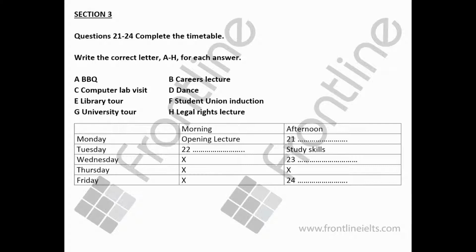You will hear two students, Sam and Liz, discussing their university orientation programme. First, you have some time to look at questions 21 to 24. Now listen carefully and answer questions 21 to 24.